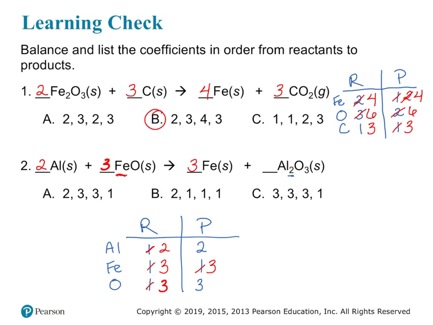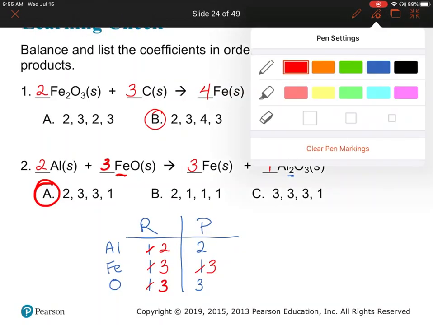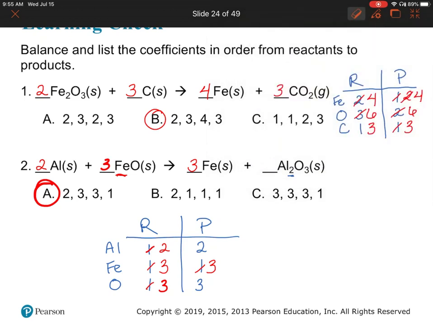Okay, so it looks like our coefficients are 2, 3, 3, and 1. And that matches A. Now, again, you could write a 1 in front of Al2O3, or you could just leave it blank. Normally we just leave it blank.